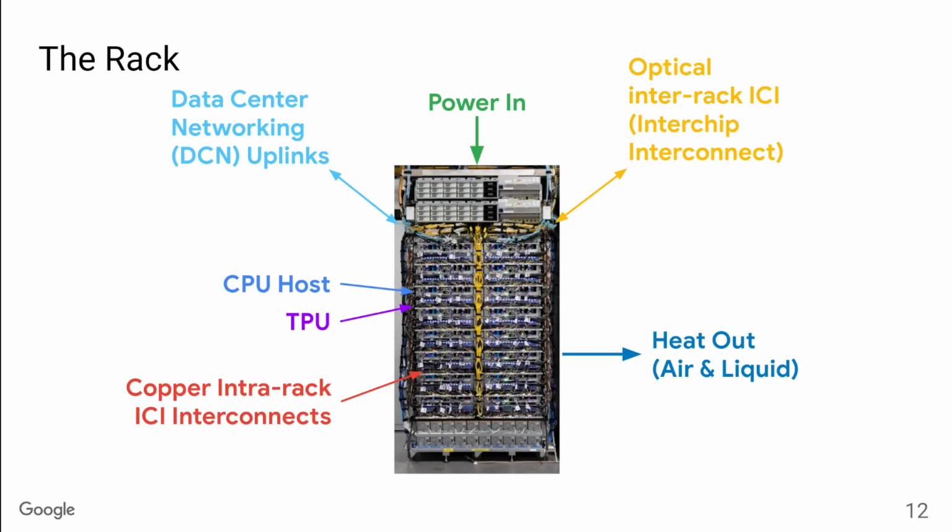And this is a picture of the rack. Each one of these is one of the trays with the TPU or the tray with the CPU host. There's copper inside the racks to do the interconnection networks. From rack to rack, it switches to optical interconnect between the chips that are on different racks. And then obviously you've got power in and heat out.